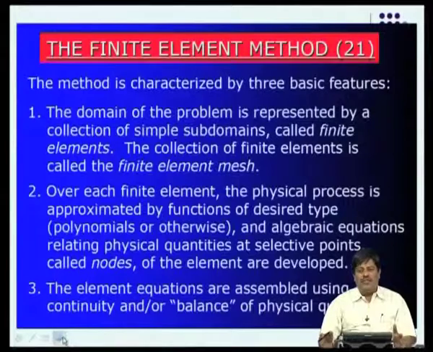The collection of these finite elements is called the finite element mesh. Over each finite element, the physical process is approximated by functions of the desired type. The most common type is polynomials or a few other types, and the algebraic equations relating the physical quantities at selective points called nodes of the elements are developed.